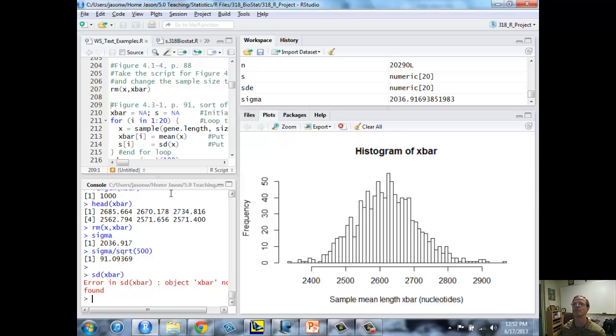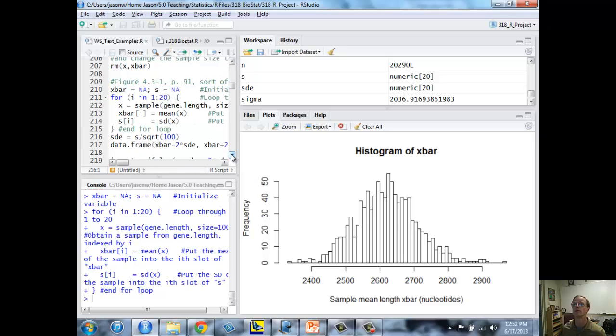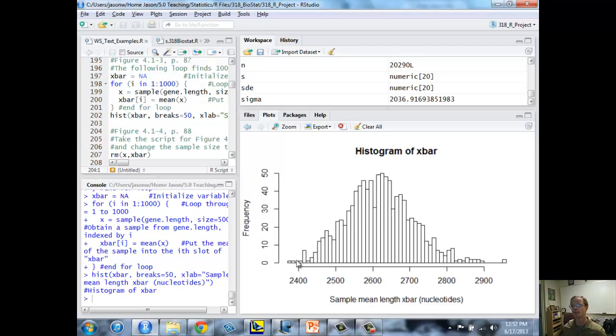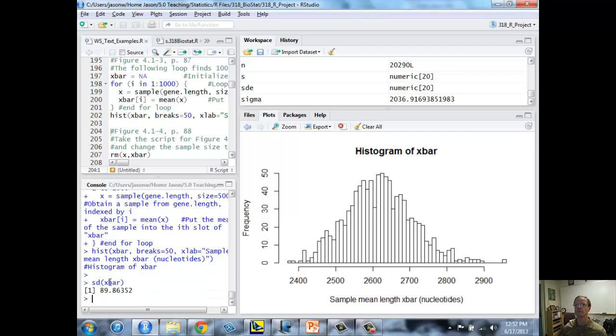Oh, I deleted x bar. Okay, let's just run that again, and do it. Boom! I've recreated x bar. No, that's not the x bar I want. There we go. X bar. Slightly different samples, slightly different distribution. Not a big problem. It's 90.